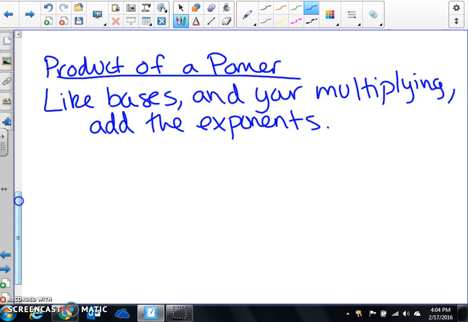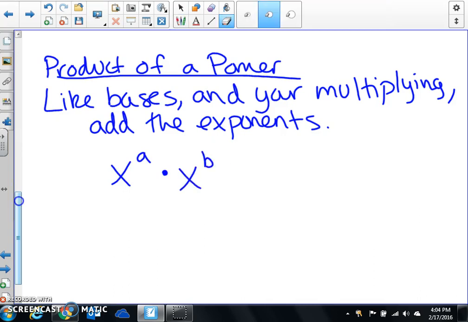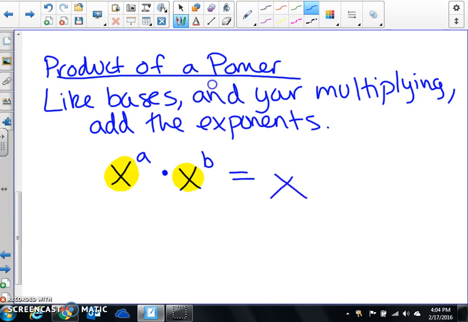Okay, so what that looks like is x to the a times x to the b. So they have like bases. These are our bases. So we keep the base, and then we add our exponents. So a plus b. That's what our result is going to be.